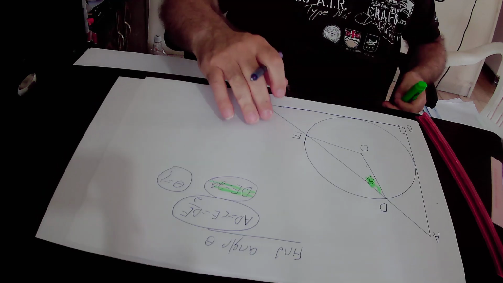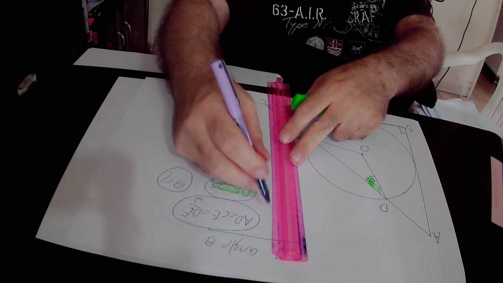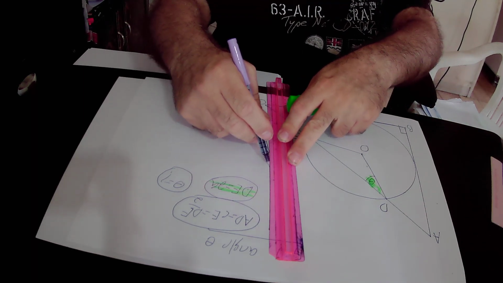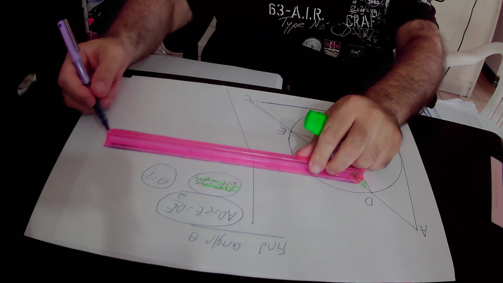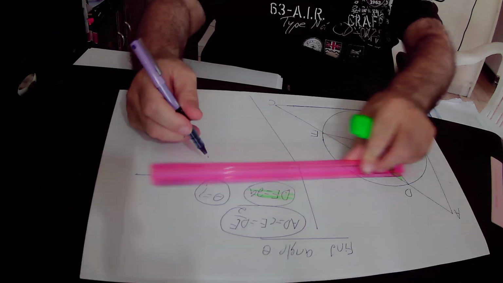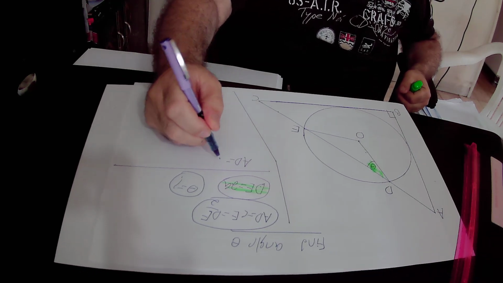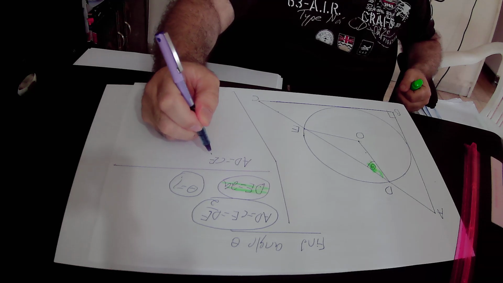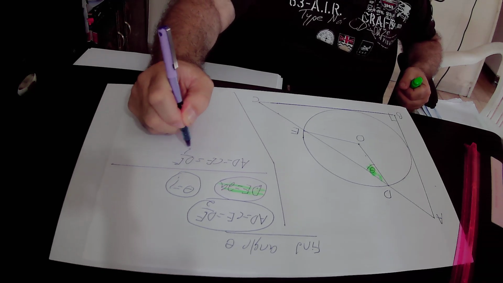And according to what is given in the question, we know that AD equals CE, and it is equal to DE over 2.